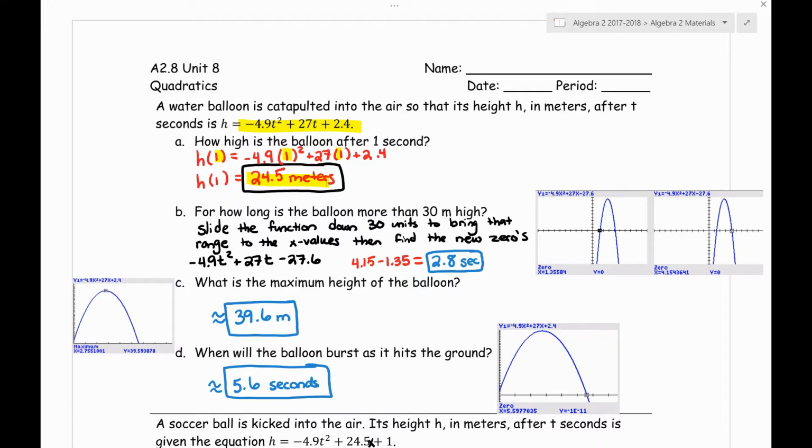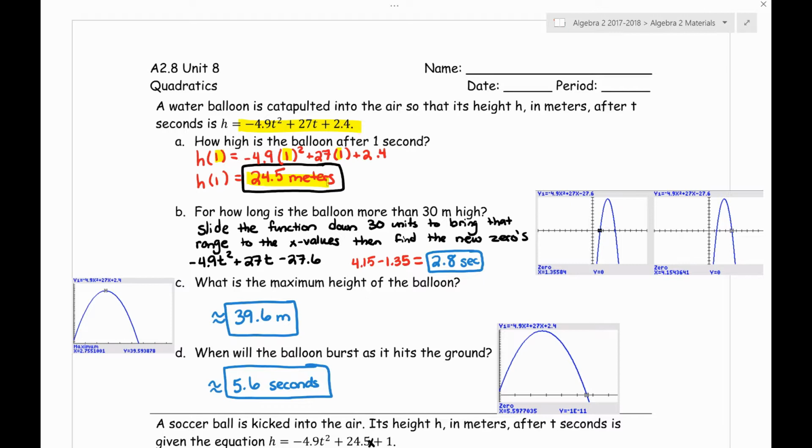So think about it this way. If I slide the function down 30 units, that's going to bring the range of x values that I want down to the x-axis.